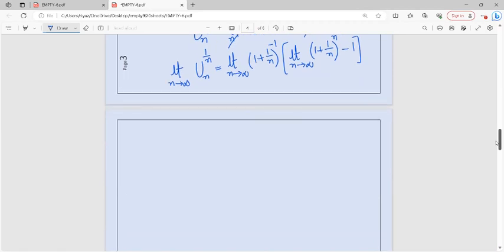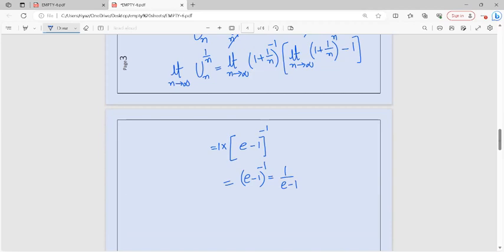So nothing will happen this side, but here this is anyhow 1 only, and we know that this value is 1 multiplied by this value, which is (e − 1) whole to the power of minus 1. So if you simplify, we are getting (e − 1) whole to the power of minus 1, which is equal to 1/(e − 1).